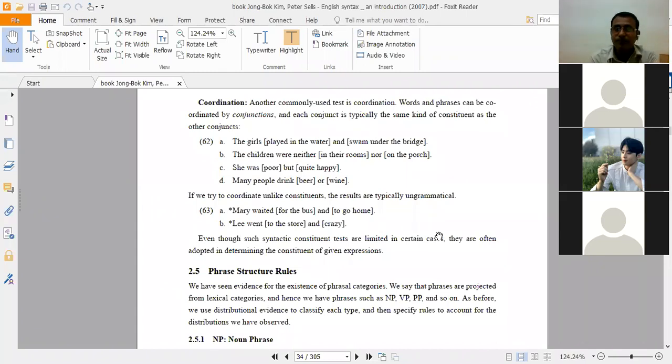So coordination helps us to join two sentences, two phrases, two words of equal length, of equal importance.